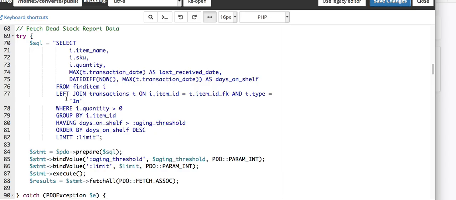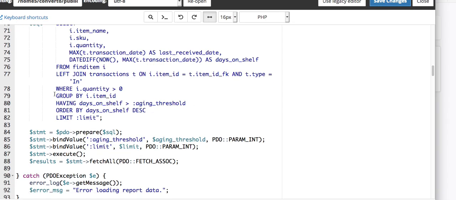And then remember the join stuff? You're joining two tables, the transaction table and the find item table, and then it says the quantity should be bigger than 0, right? You want to group them by the ID. That's why.